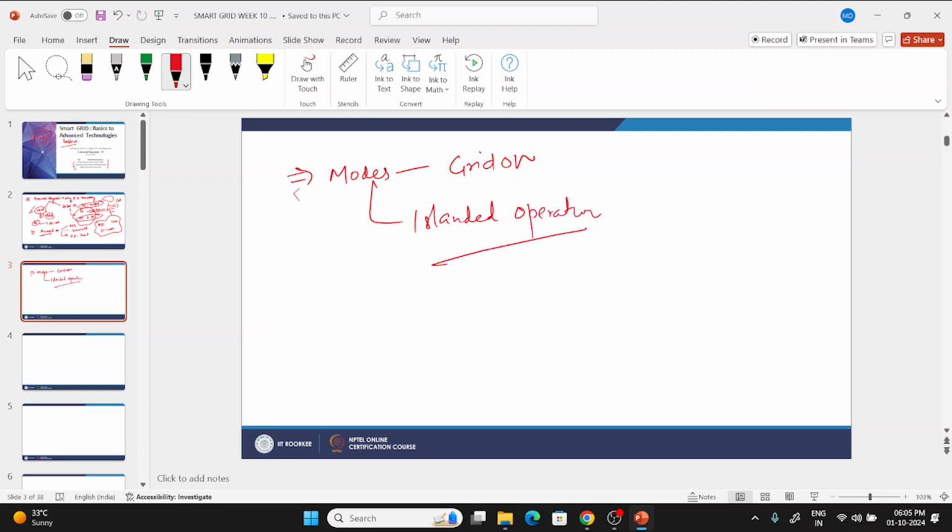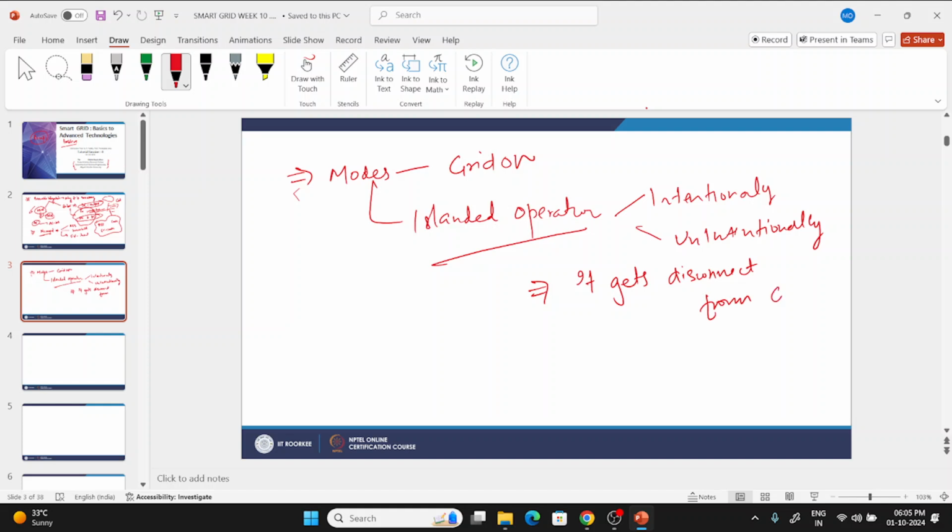In islanded operation, either intentionally or unintentionally, the microgrid gets disconnected from the grid, from the PCC, which is the point of common coupling.